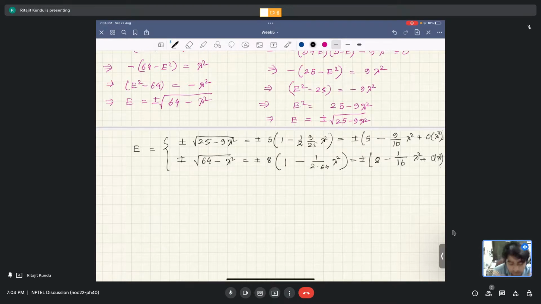Okay. So now I'm going backwards. I have the exact solution of the energies. Now I have expanded this up to lambda square, and from perturbation theory also we can calculate the same quantity, right?